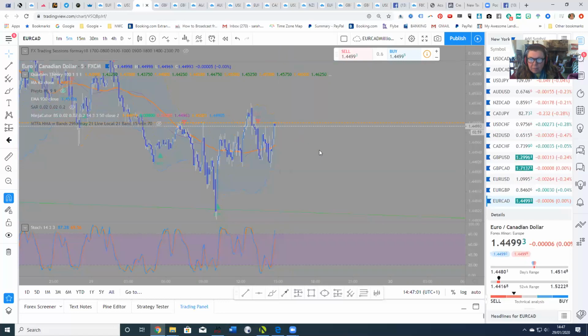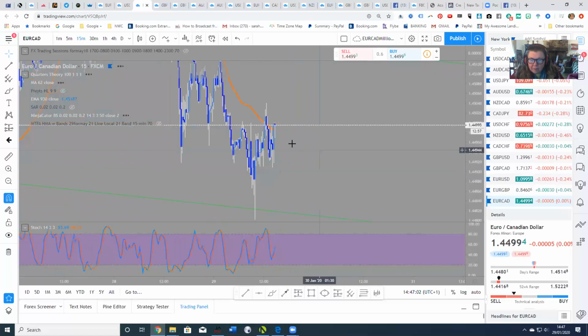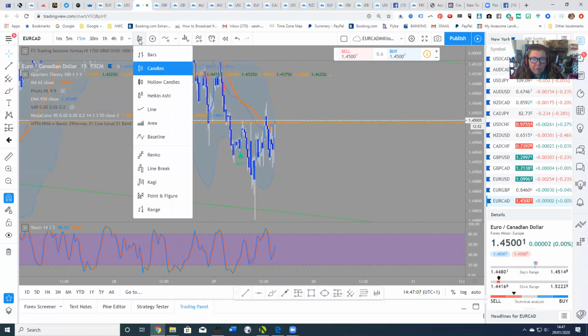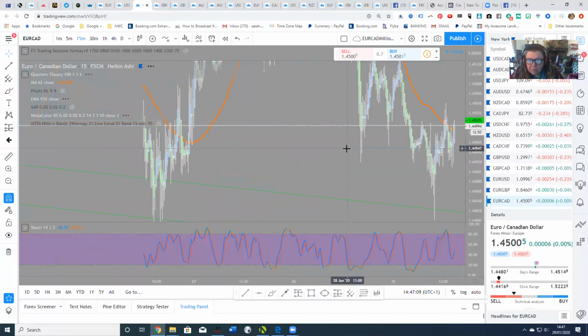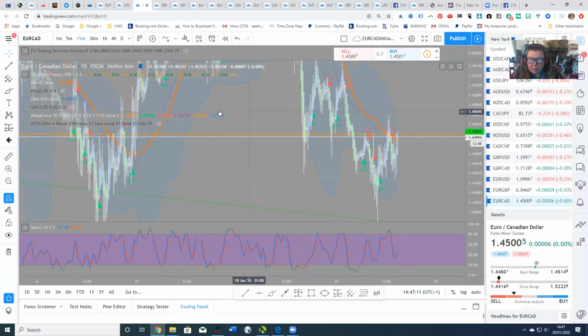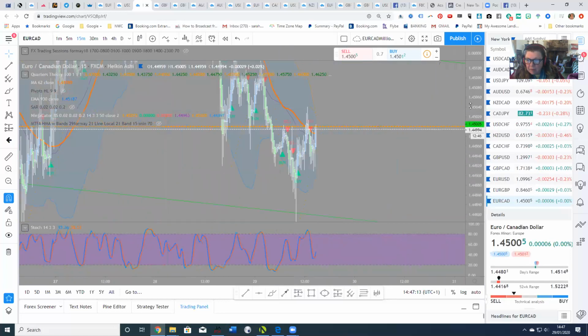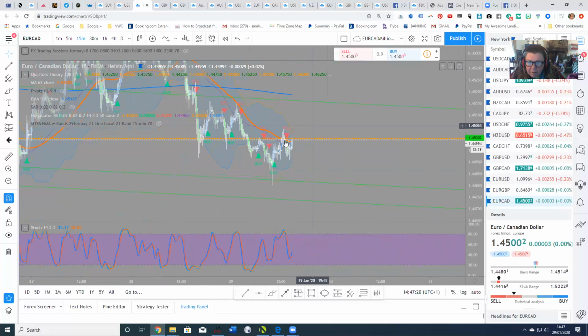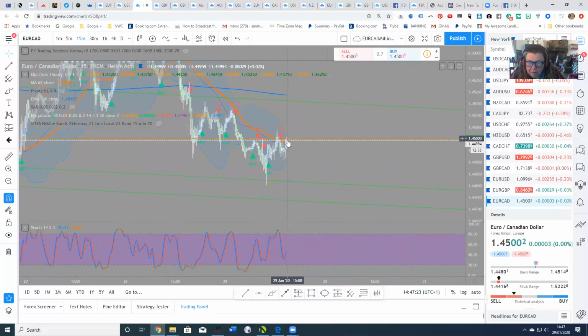Then let's look on the 15 minute. Let me make sure, double check. Put the Heikin-Ashi on, sorry. Let's see what the flat bottom candle is saying. You haven't got a flat bottom candle yet. It did say sell there, but as you can see, it retraced, and it is coming back up.